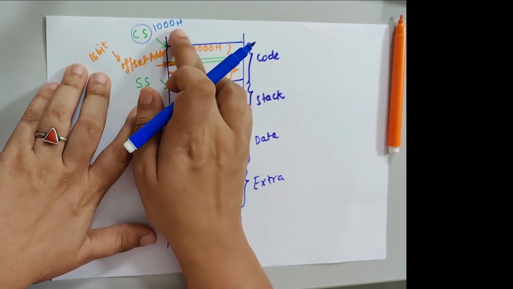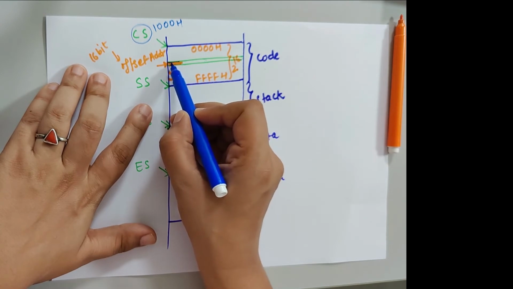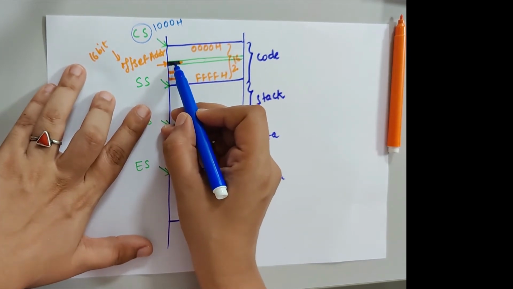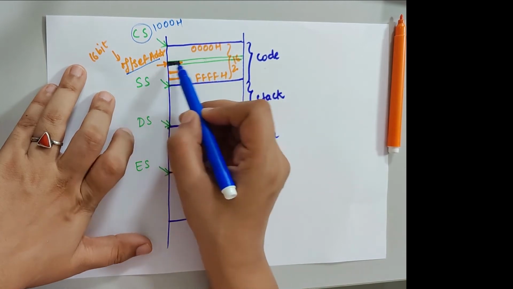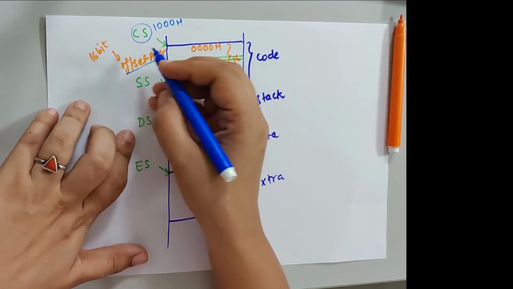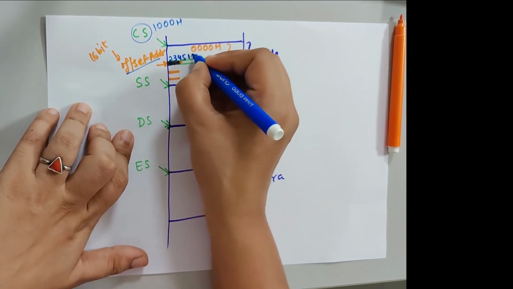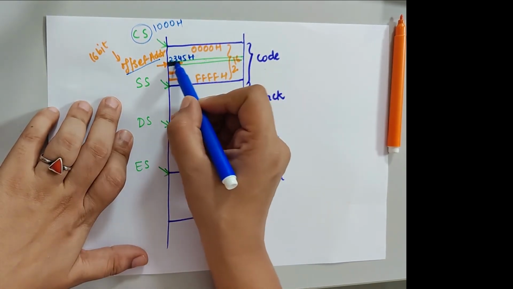So CS, let's say, has this value, and any location inside this segment, let's say this location, the address of this location will be stored in the offset address, right? So let's say the address of this location is 2345H, right?